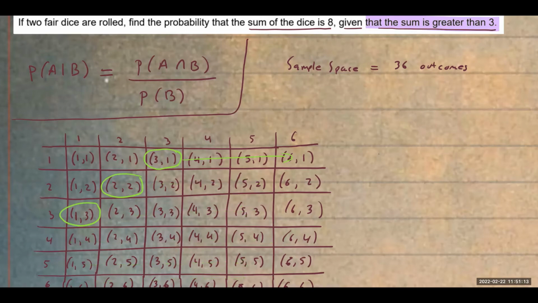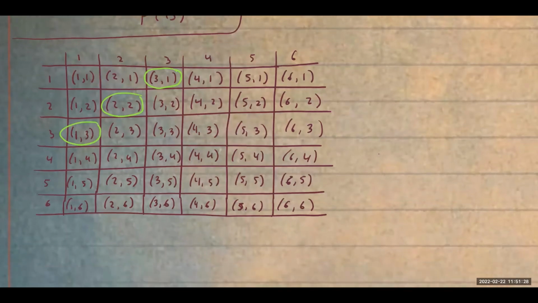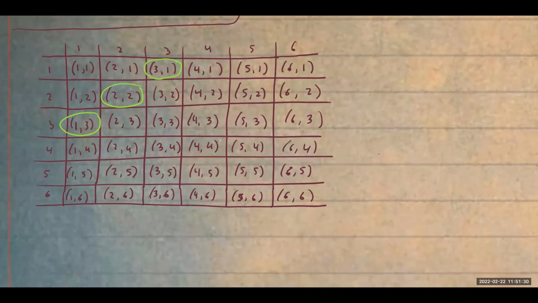So let's count how many of those. The best way to do that is to simply remove the ones that are less than or equal to 3. I know that this one is, this one is, and this one is. So out of the 36 outcomes, 3 have a sum of 3 or less. So the probability that the sum is greater than 3 is the same as 1 minus the probability the sum is less than or equal to 3.